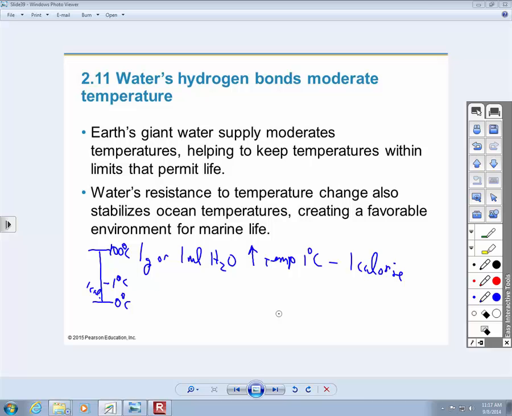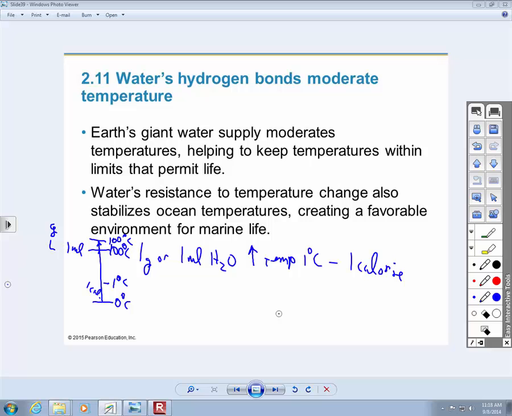But the interesting thing is, if I want to take 1 gram or 1 milliliter of water and I want to vaporize it, I want it to go off as a vapor, I'm not even going to change the temperature. I'm going to keep it at 100 degrees Celsius, but we're going from a liquid form to a gas form.